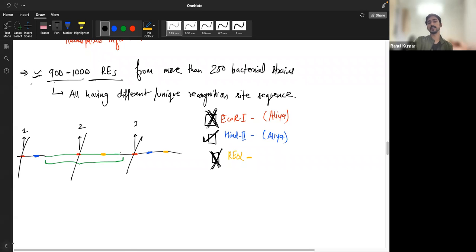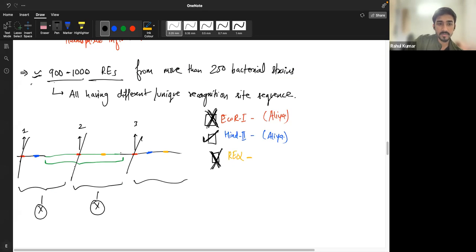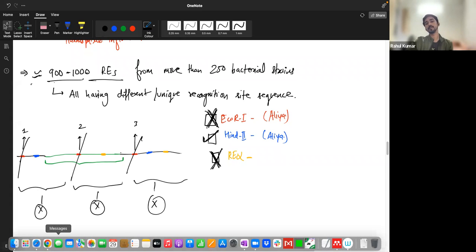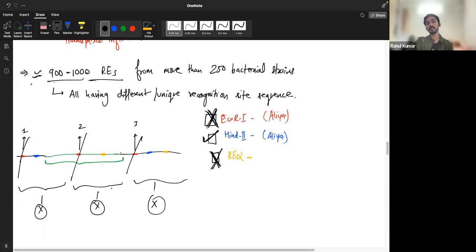It cannot differentiate. So the fragments that we will get are this one, and this one. This is also not our gene, this is also not our gene because it is cutting from half, and this is also not our gene. You understand, everyone? The problem with EcoRI.